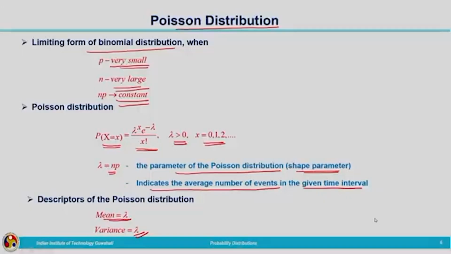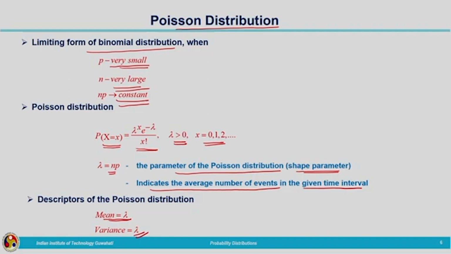I am talking about first and second moments only, that is the mean and variance. In the case of Poisson distribution, mean is lambda, that is the parameter of the distribution, and the same as that of the variance. So, these are the two distributions related to discrete random variables which we use in hydrology.